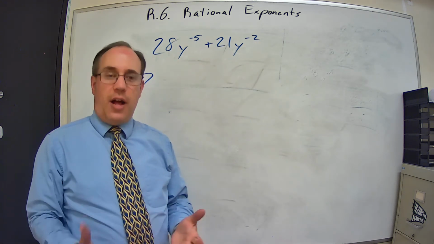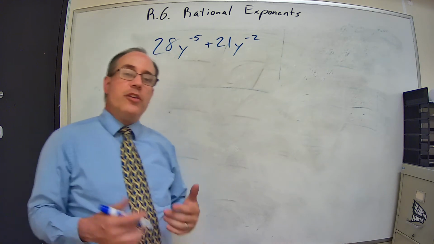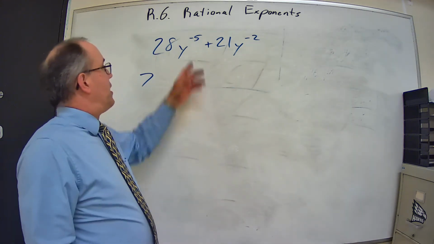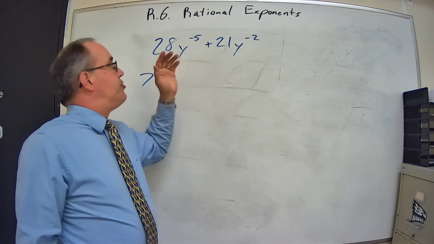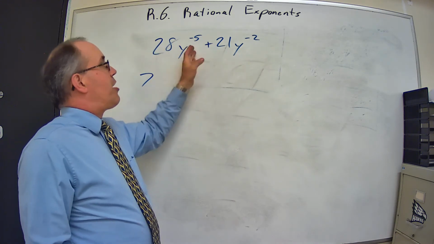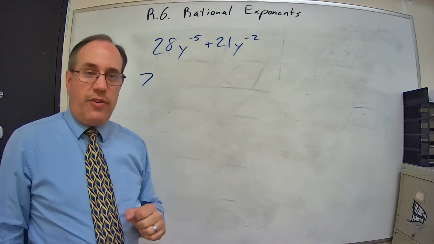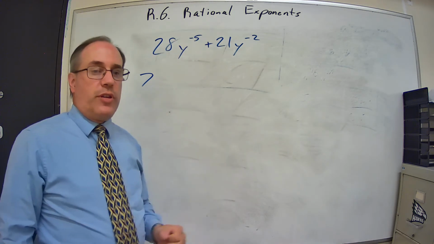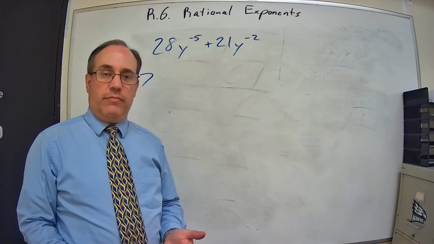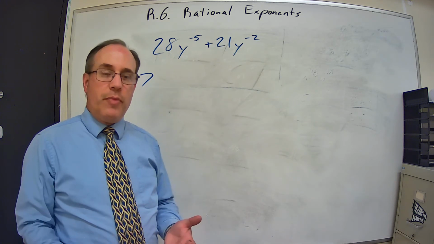What's considered common? The general rule, if you have negative exponents, is do the bare minimum of what is necessary to make those exponents non-negative. And what do I mean by that?